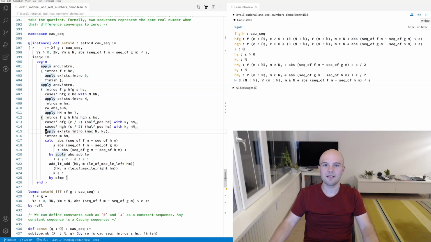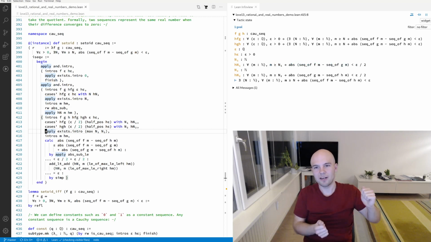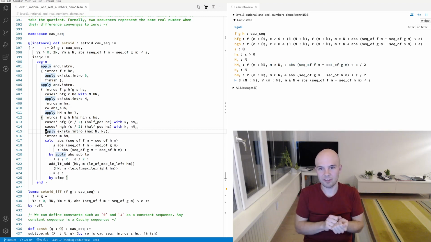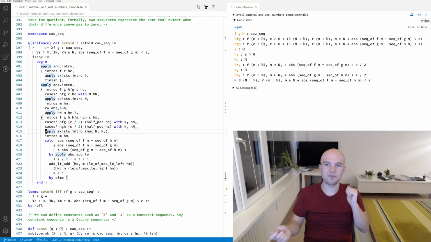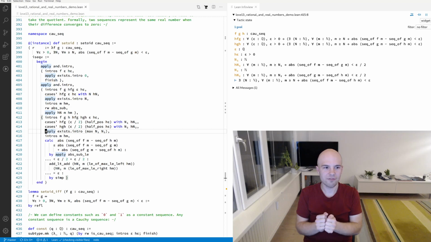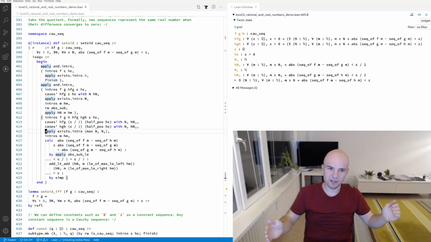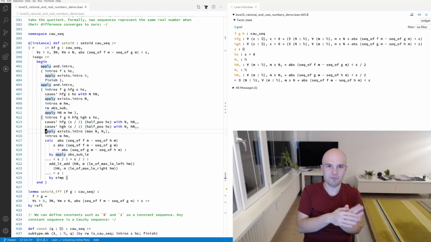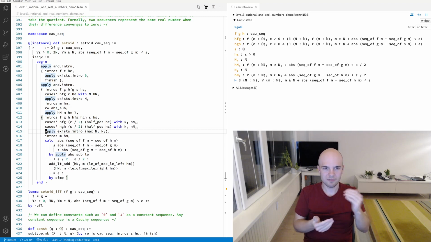Okay, what we then get is the big N1, which tells us that for all indices after big N1, the difference between f and g is less than epsilon half, and similar for all indices greater than N2, the difference between g and h is less than epsilon half, which means that after the maximum of both indices, the combined error is less than epsilon half plus epsilon half, which is at most epsilon.